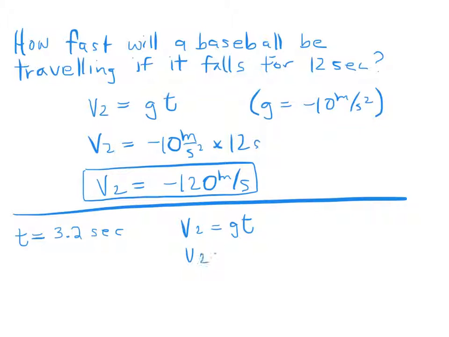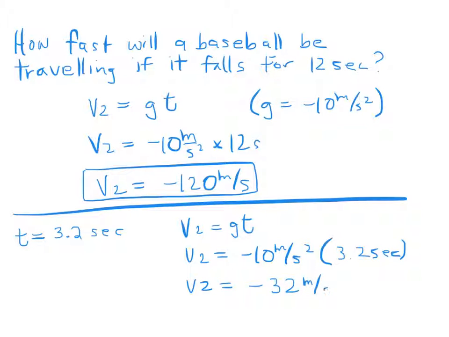But this time, our time is just not a whole number. So I'm going to multiply by 3.2 seconds. And I see that the velocity is negative 32 meters per second. This concludes the end of video number 1.